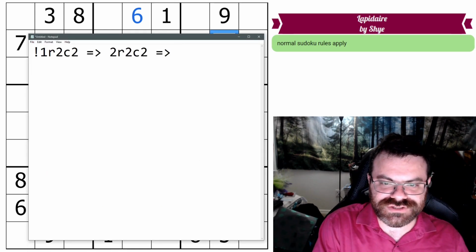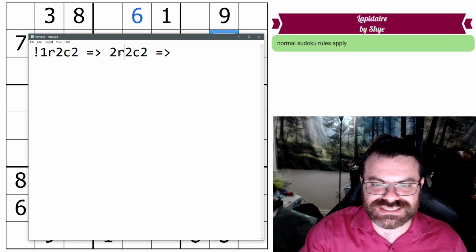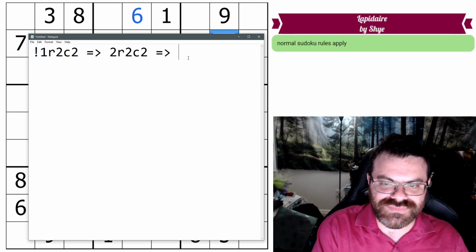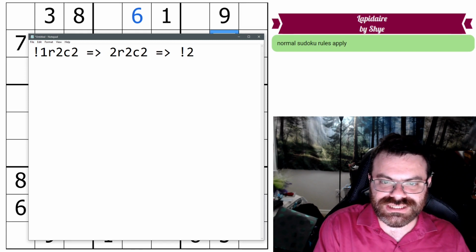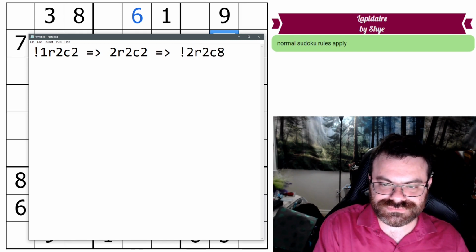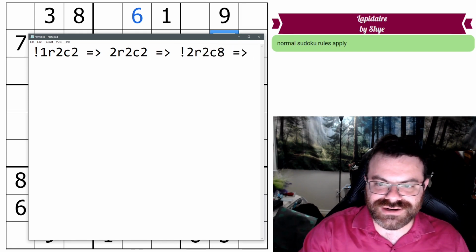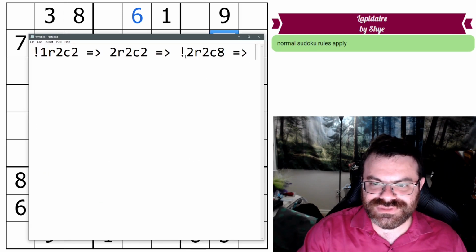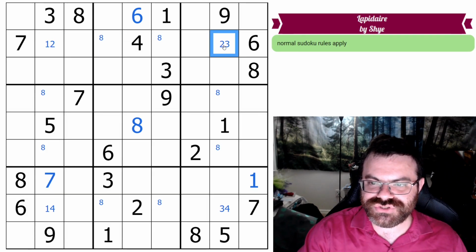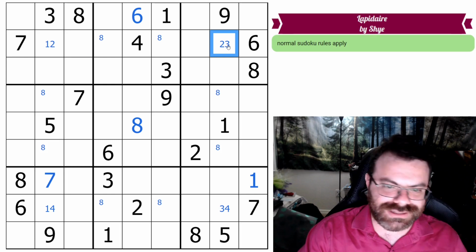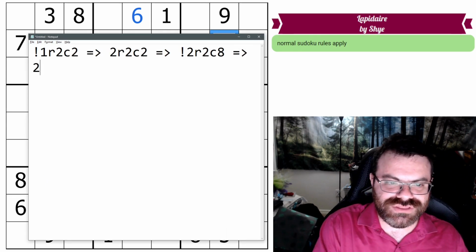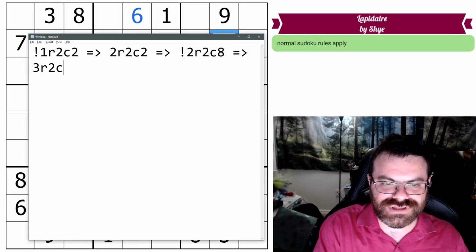This forms another chain because we're saying 2 is in row 2, column 2, then there's not a 2 in row 2, column 8. Well, there's a strong link to the 3 in row 2, column 8. That implies that we have a 3 in row 2, column 8.